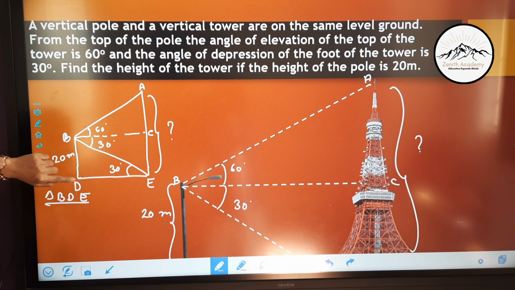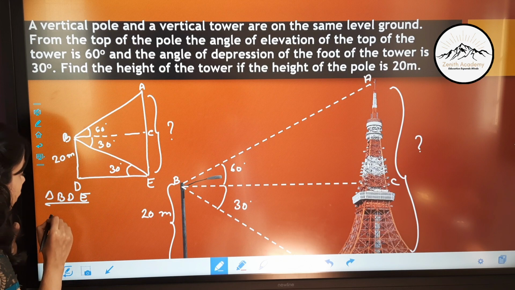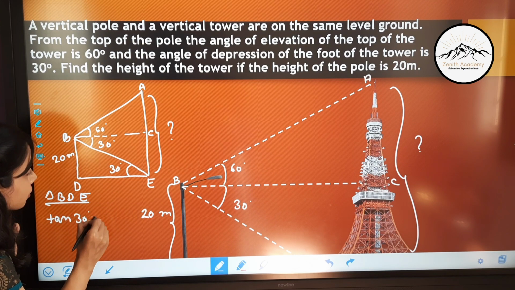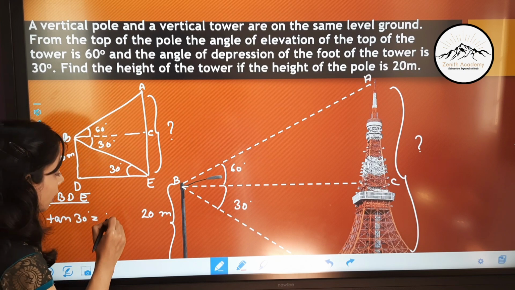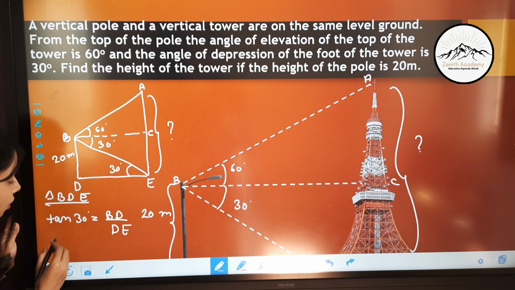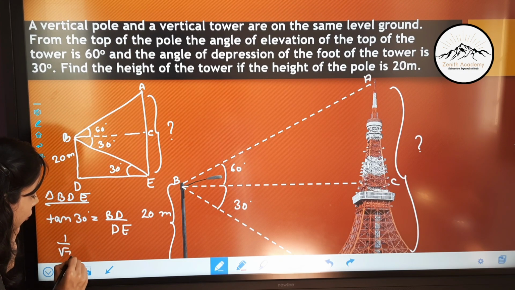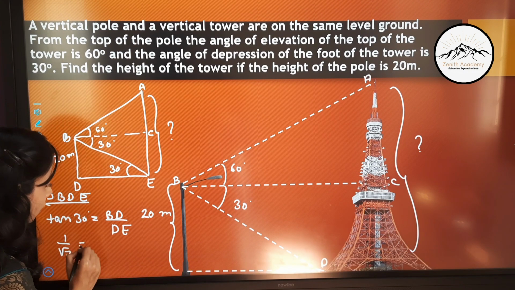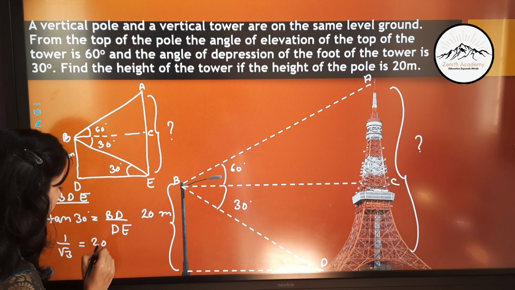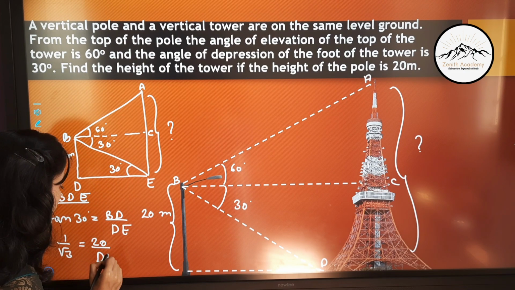BD, which is the perpendicular, and DE, the base we need to find out. So, again tan 30 degrees is equal to BD upon DE. So, 1 by root 3 is equal to BD, which is equal to 20 upon DE.